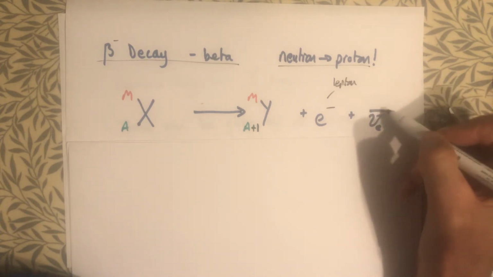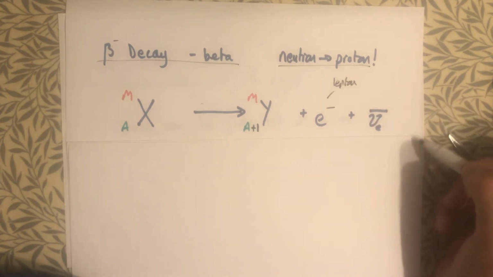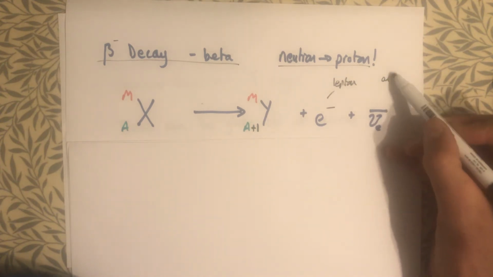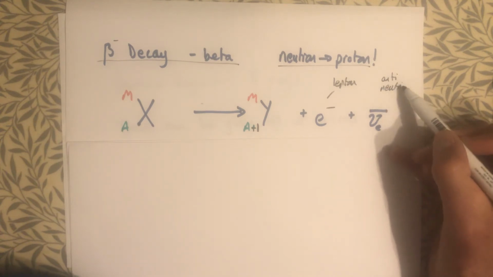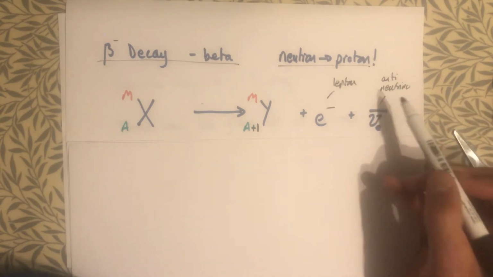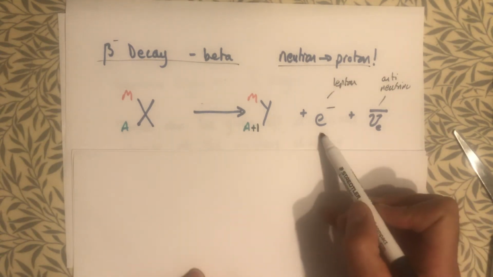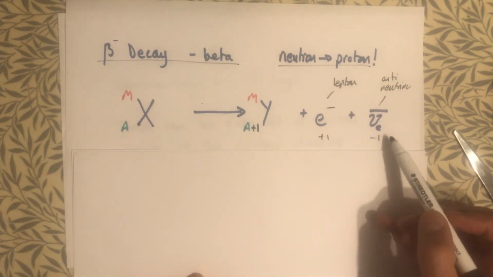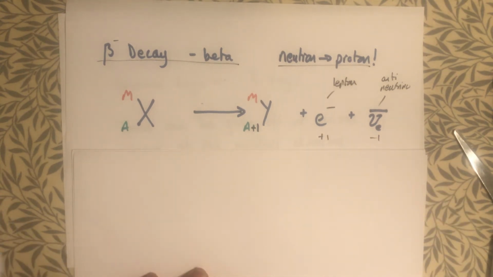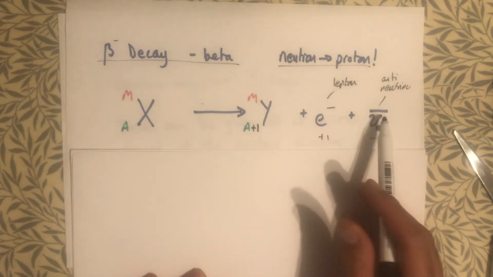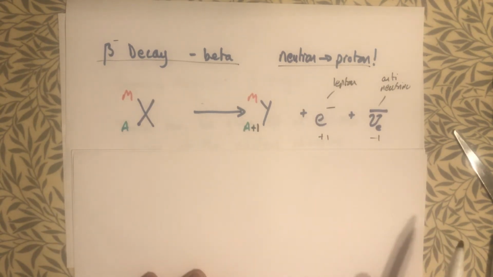And then we've got an anti-electron neutrino, where the bar is for anti. In the lepton column we've essentially got plus 1 lepton and minus 1 lepton. So they sum to 0 leptons, which equals the number of leptons at the start. So that's necessary, but these don't impact our numbers of protons and neutrons, which is the question I'm thinking about here.